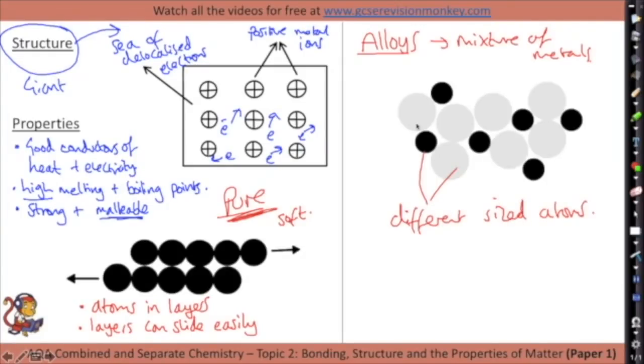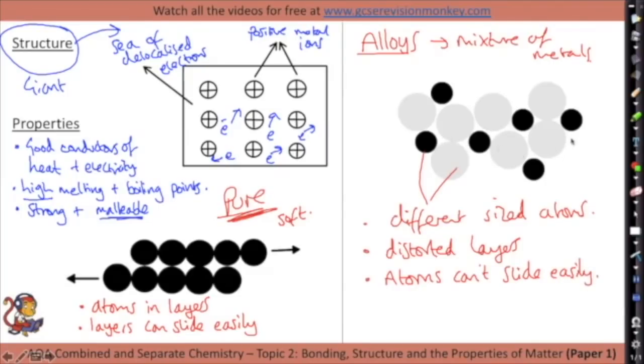And this means that the layers are now distorted, so the atoms are not in regular layers. And what that means is the atoms can't slide over each other easily in an alloy. So this structure makes them a lot harder.